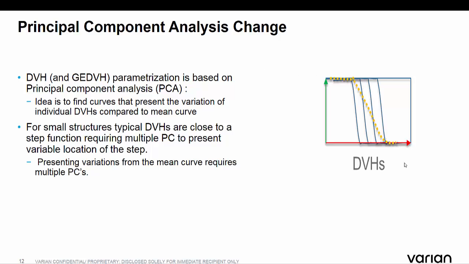For small structures, typical DVHs are close to a step function requiring multiple principal components to represent the variable location of the step. Therefore, representing variations from the mean curve requires multiple PCs.